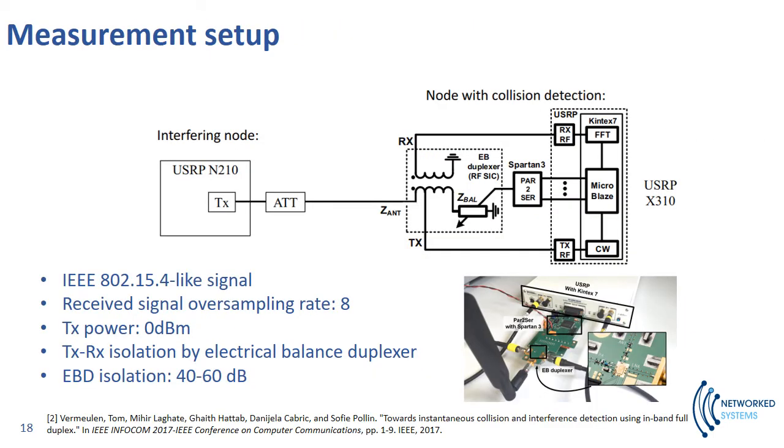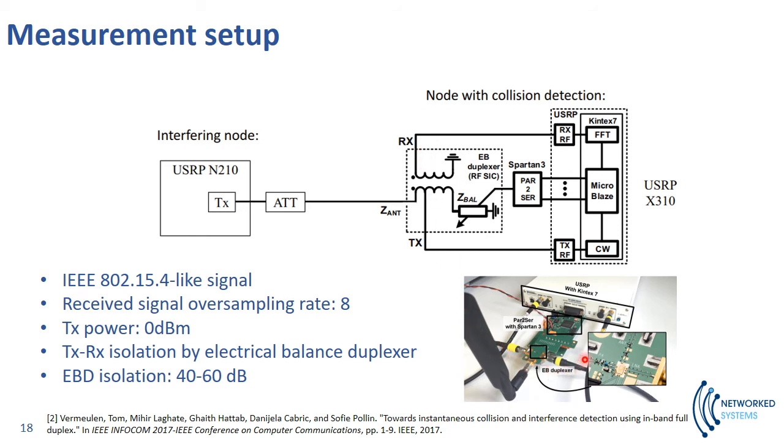To evaluate the proposed techniques, we use the same measurement setup as in this work. This measurement setup includes two USRPs, one to play the role of interferer, and another is an in-band full duplex capable STR. So it has, let's say, an electrical balance duplexer to isolate the transmitter and the receiver.